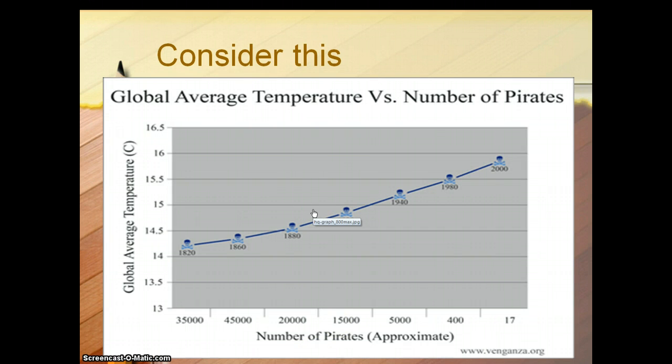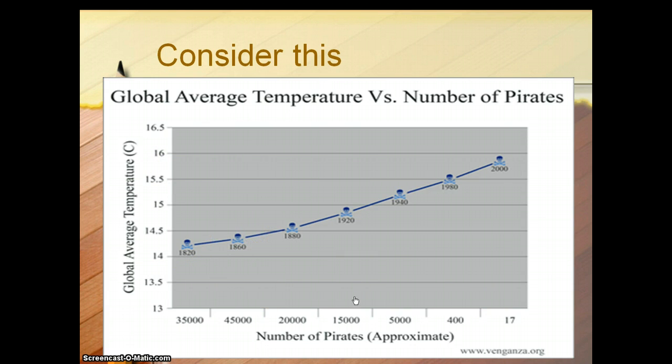Now, going back to cause and effect, this is the relationship between the global average temperature of the planet and the number of pirates in the world. And as you can see, there is a positive correlation between the number of pirates in the world and the average temperature. So I often ask people in the class, if you wanted to lower the average temperature, what would you do?